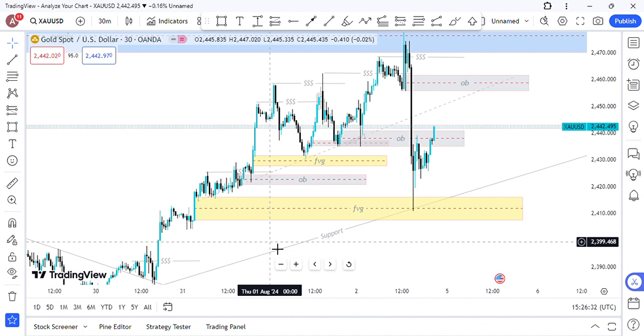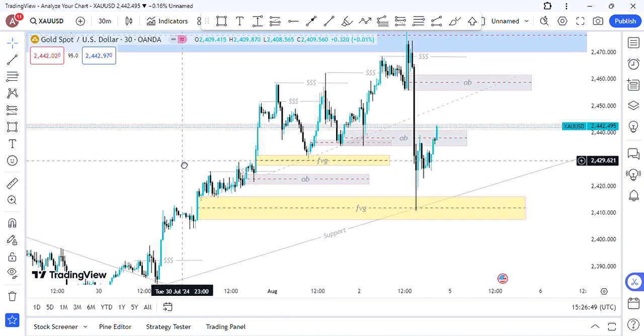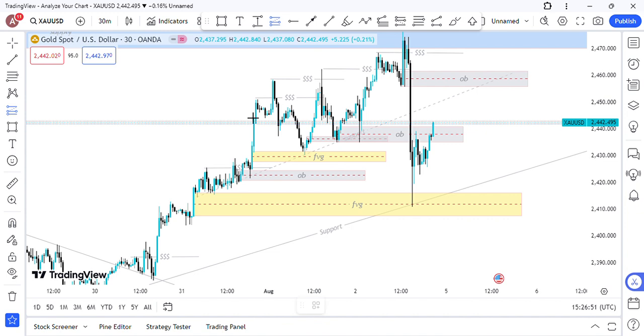Now, for us to take a shot in an internal range liquidity, market must give our support or resistance a touch. For us to trade a liquidity grab, a high or a low must be swept before we can take that position. So basically, that is how our trade went.